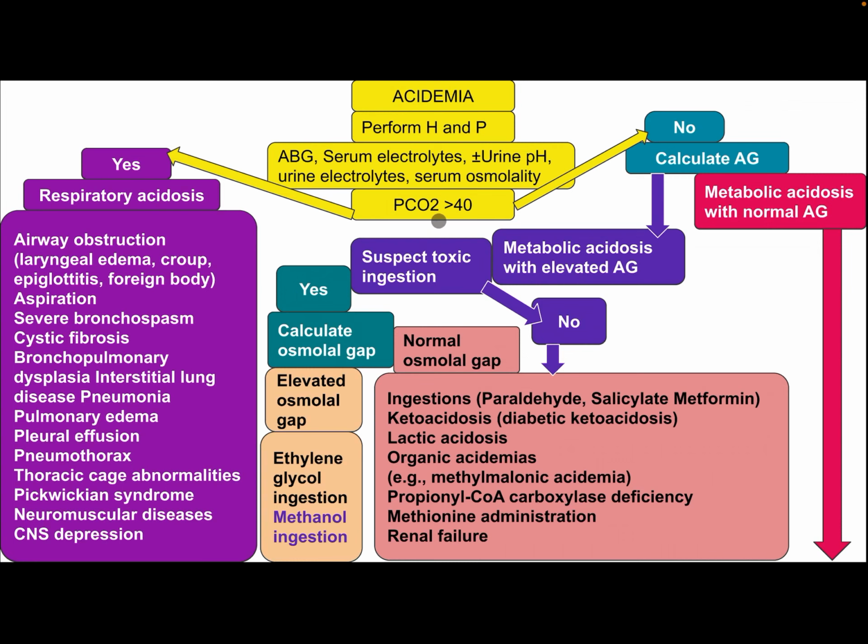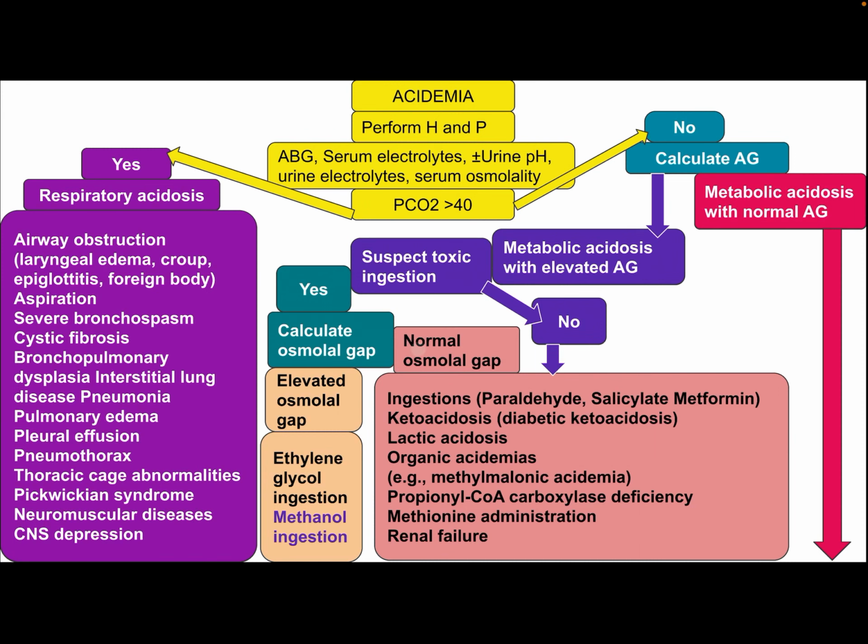If the PCO2 is less than 40, calculate the anion gap. If it is metabolic acidosis with an elevated anion gap, is there suspicion of toxic ingestion? If yes, calculate the osmolar gap. If it is an elevated osmolar gap, differential diagnosis: ethylene glycol ingestion or methanol ingestion.